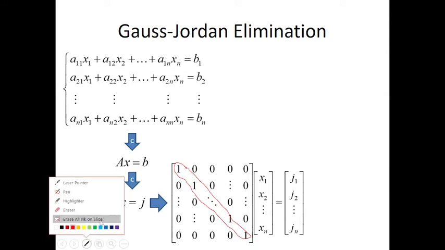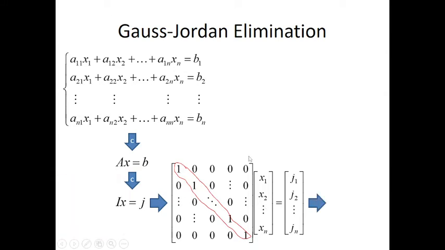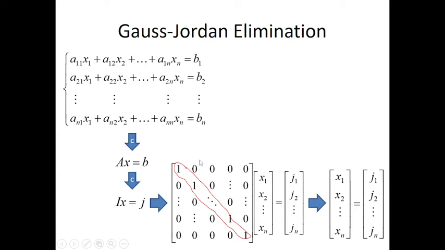So in this case, this is the procedure in performing Gauss-Jordan elimination. Matrix A will be converted to an identity matrix and will give us this result. Upon multiplying matrix I to X, since this is an identity matrix, by matrix multiplication we will obtain this new matrix.